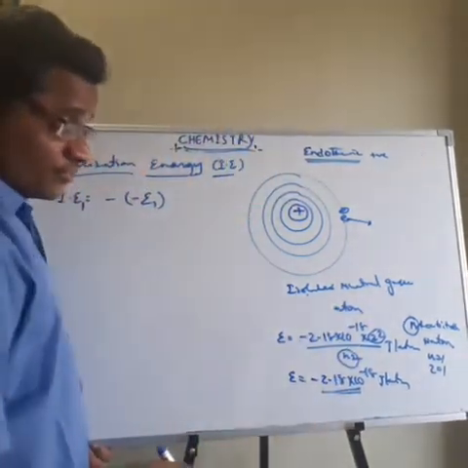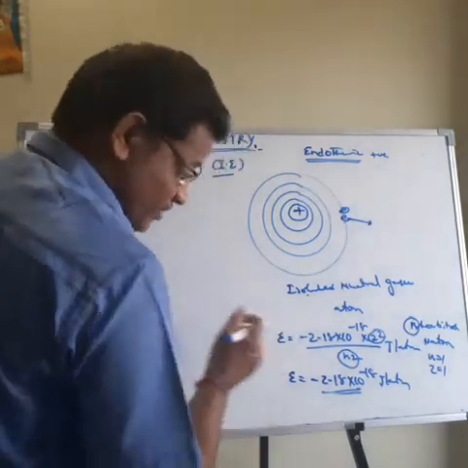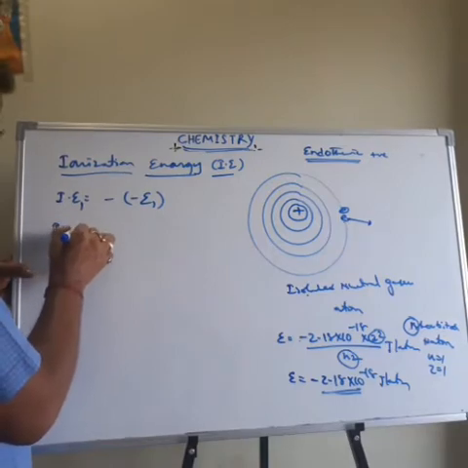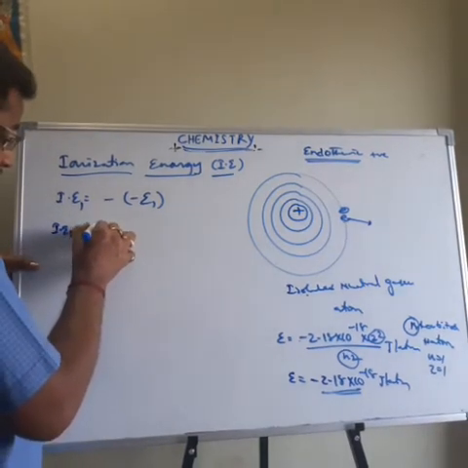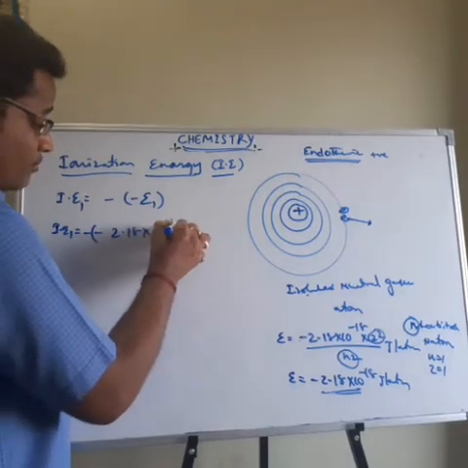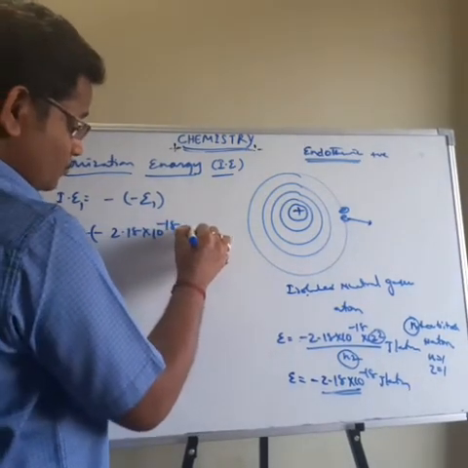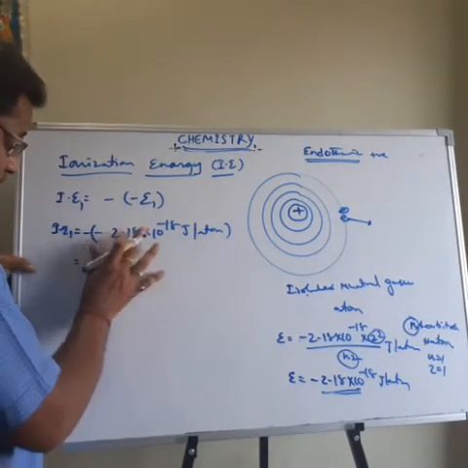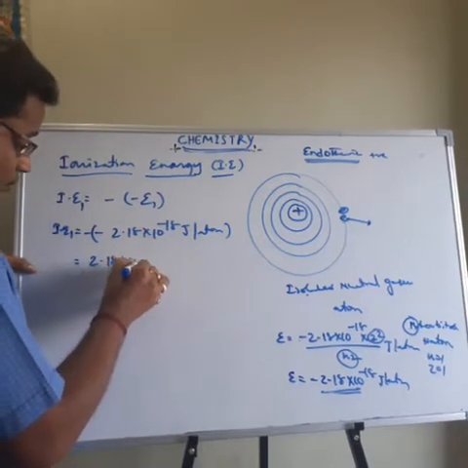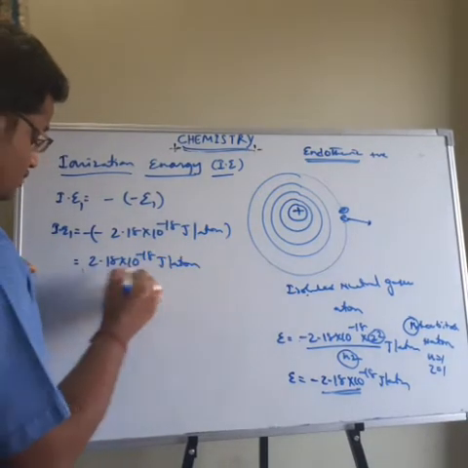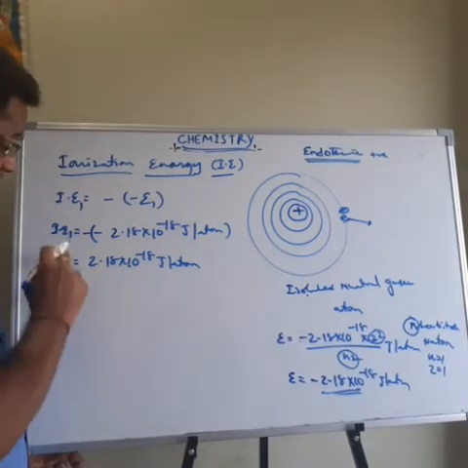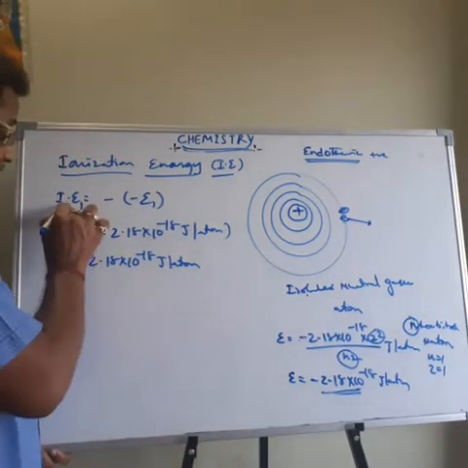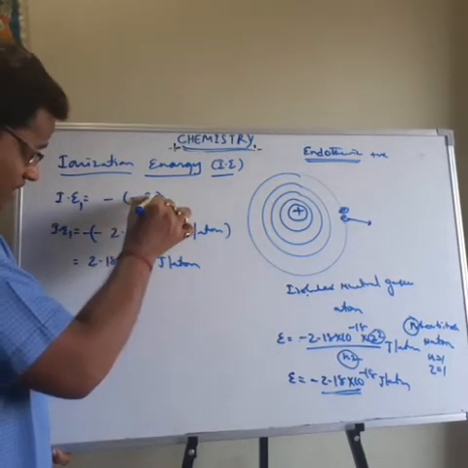Then the ionization energy of the first orbit of hydrogen atom has the same value, but with a minus sign: minus of minus 2.18 into 10 power minus 18 joule per atom. So minus into minus gives plus 2.18 into 10 power minus 18 joule per atom. This is the ionization energy of the electron present in the first orbit of hydrogen atom. So ionization energy is equal to minus the energy of the first orbit.